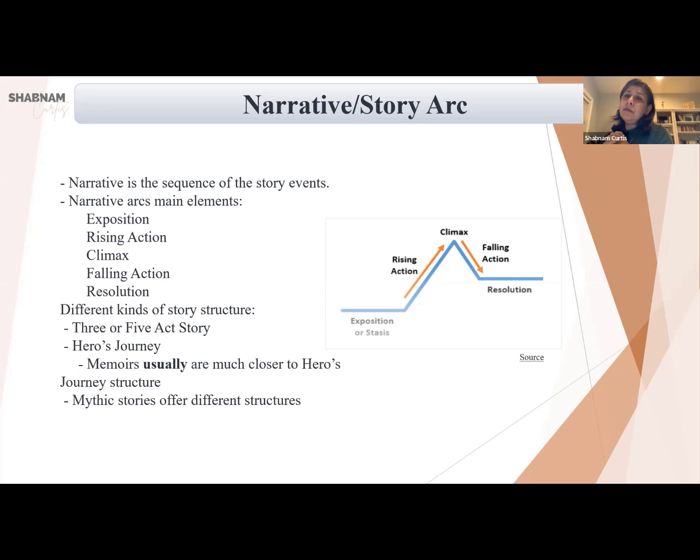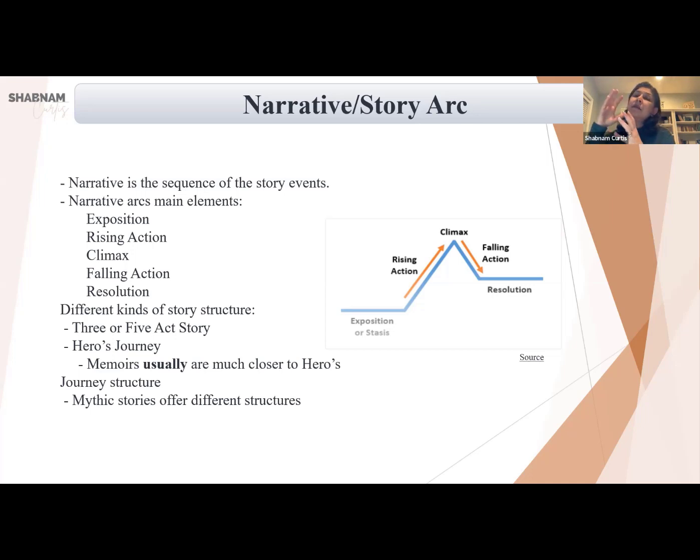So there are different structures that you can usually find as a narrative or a story arc. There is what you see in the picture, a three act narrative or story arc. There are 5 acts that have more climax. And you may have heard of the hero's journey.